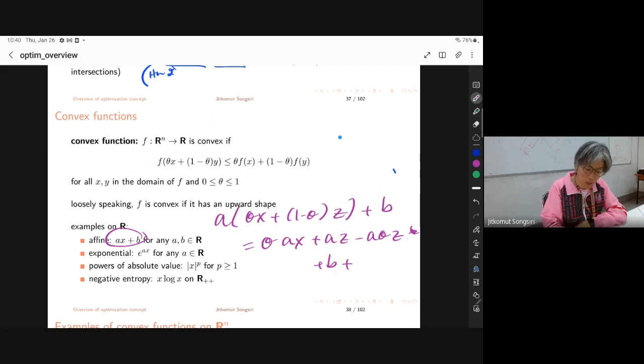I would like to see whether it satisfies this condition or not.